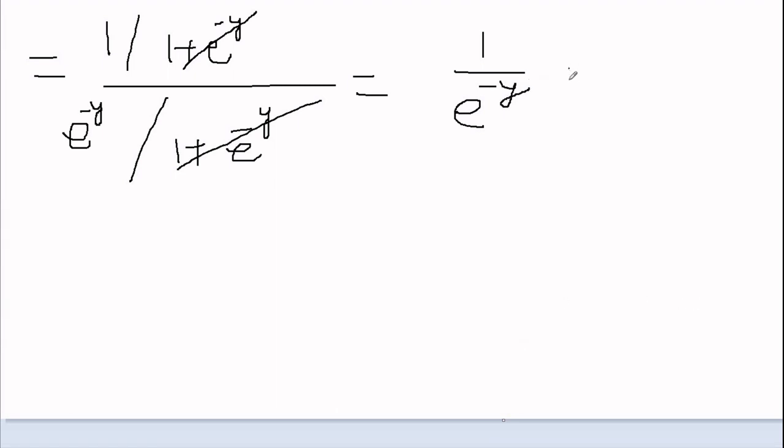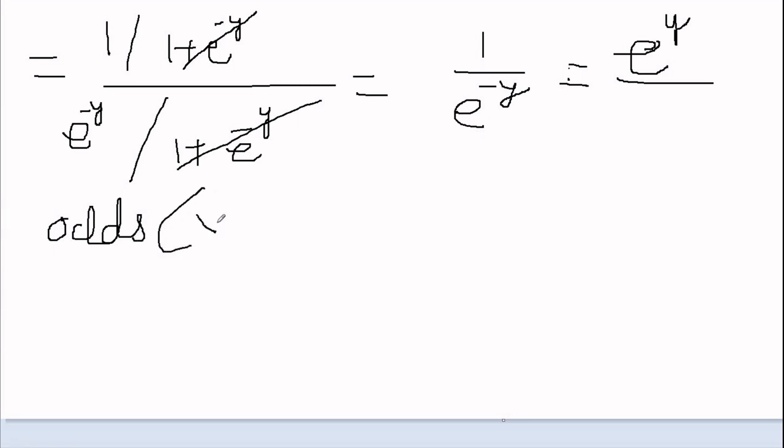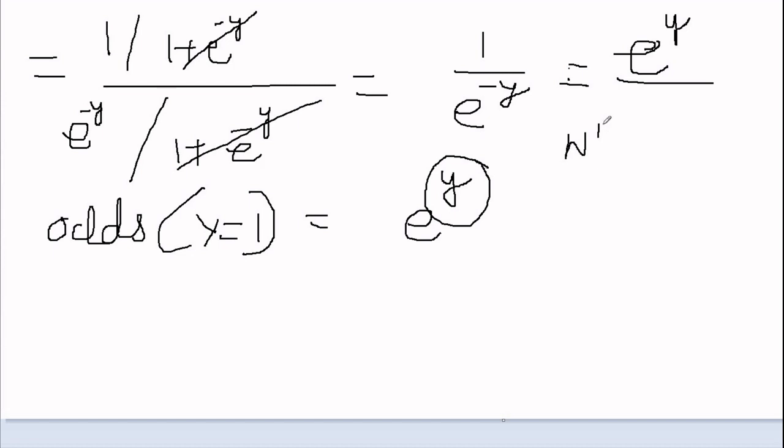Okay. Now if we take this y, which was in the denominator, to the numerator, it becomes e to the power y. So the odds of a person being diabetic, one being the positive class, is e to the power y, and y from the equation we know is W transpose X plus B.